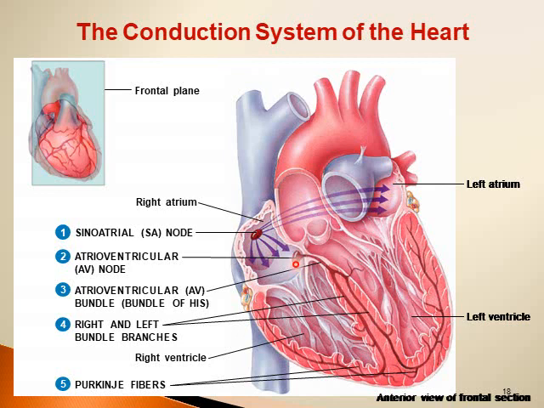Okay, then after the delay, the action potential will spread through the AV bundle, or bundle of His, and then down the right and left bundle branches to the apex of the heart, then into the wall of the left ventricle and the right ventricle through the Purkinje fibers. So this is the normal path of action potential propagation from the SA node to the walls of the ventricles.